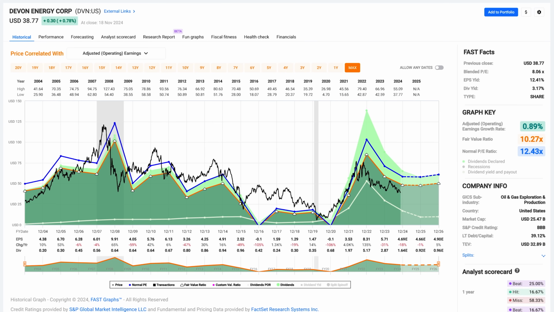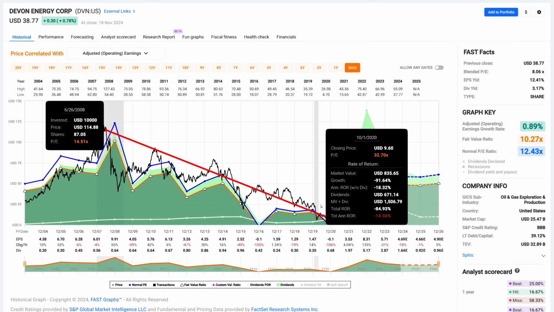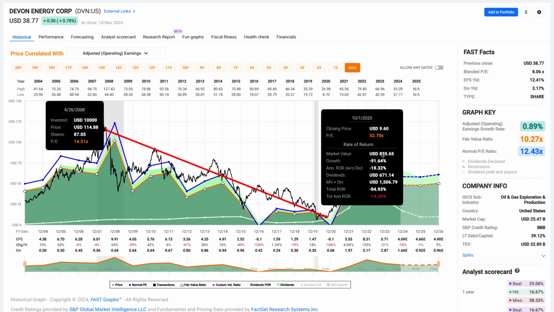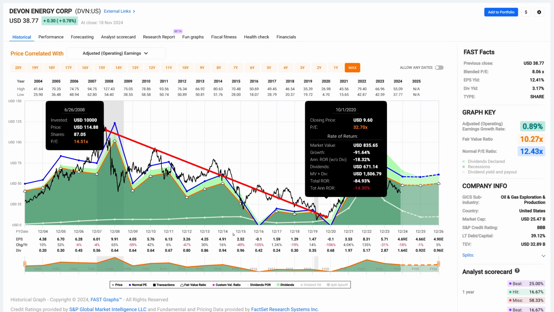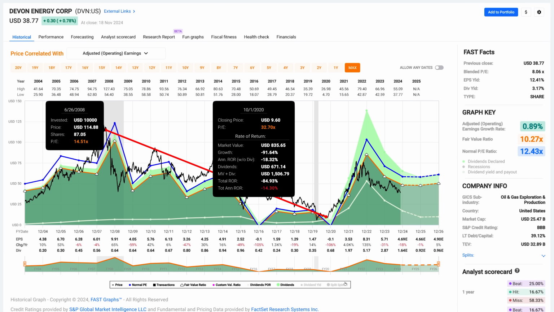The next stock we're going to look at is Devon Energy, and once again, we see collapsing earnings for almost a couple of decades here. We see the stock price going from a high of like 114 down to under $10 a share. You would have lost 15% of your money annually. The company did pay a dividend all along, and it has had this strong rally coming out of COVID.